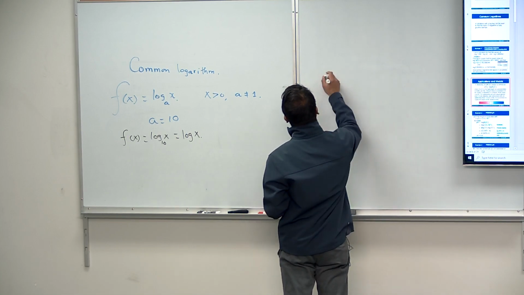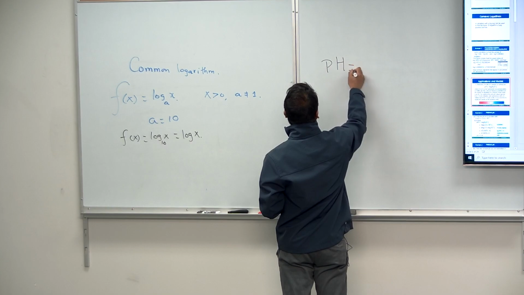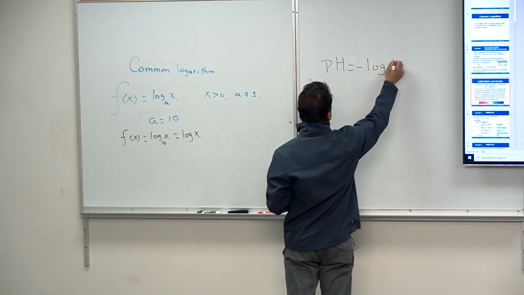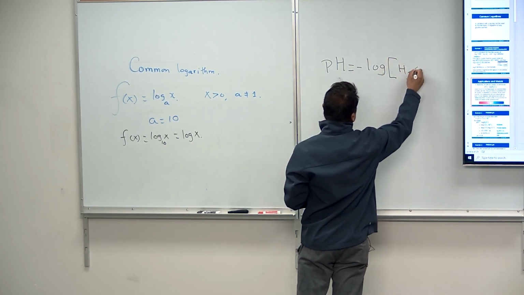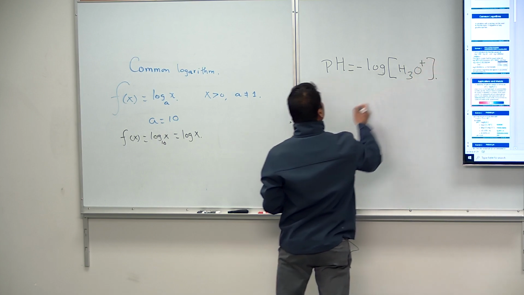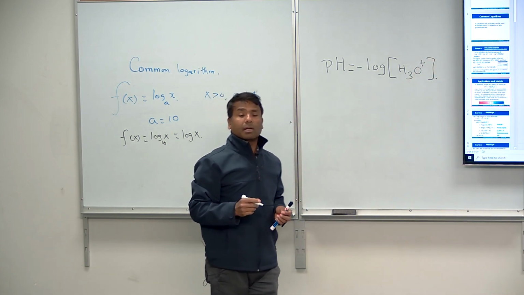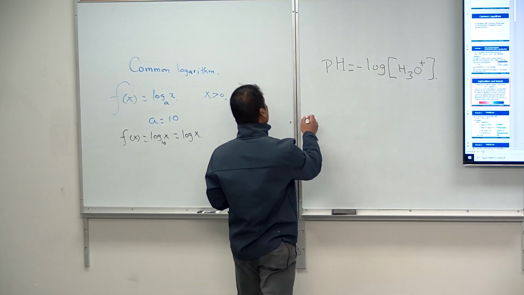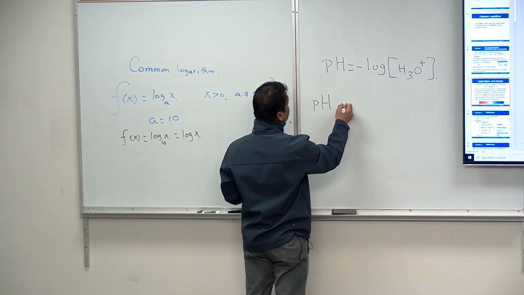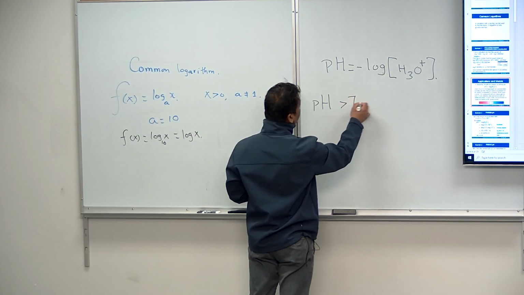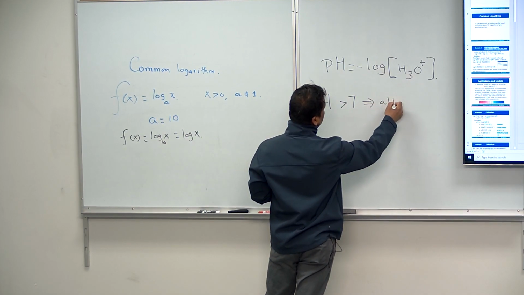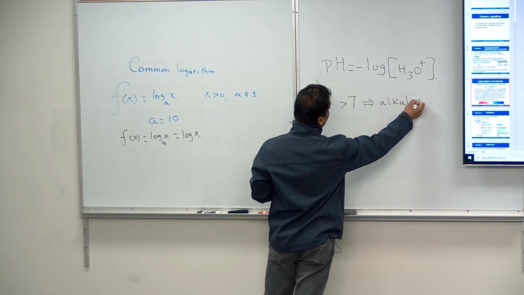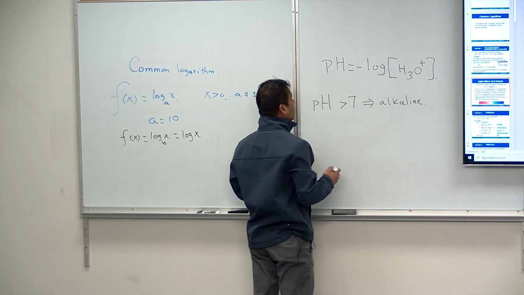So what you need to know is this pH is defined as negative of logarithm of H3O+. So the H3O+ is the hydronium ion concentration, and you just need to know if pH is greater than 7, this means alkaline substance or alkaline solution.